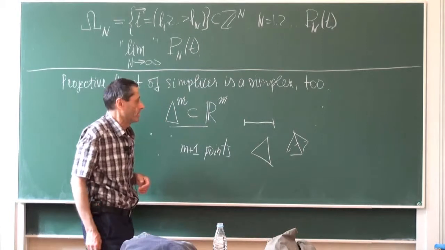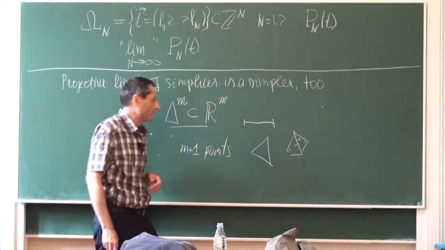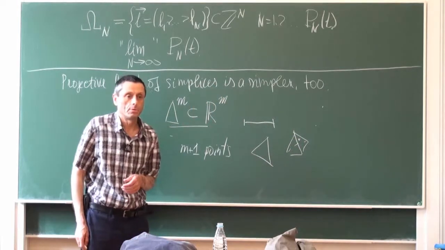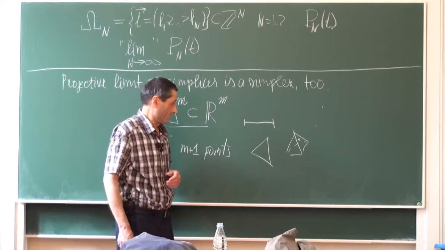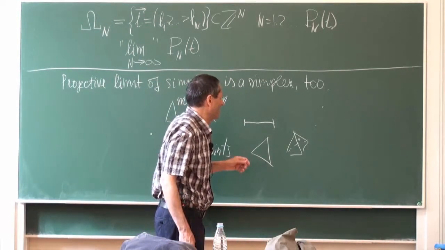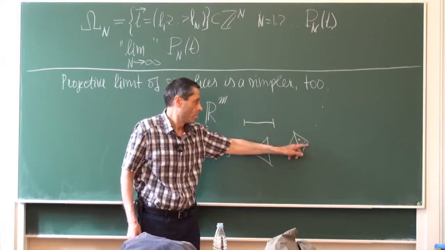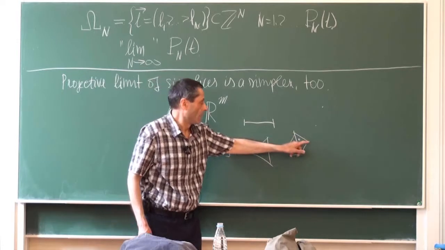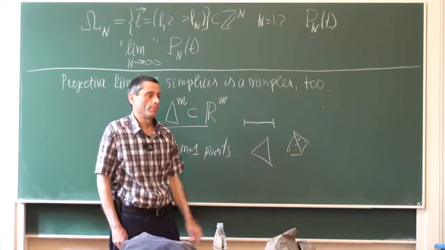The key observation is that any point of a simplex is a convex combination of its vertices, and in such a way it can be represented uniquely. So one can say that any point is a barycenter of some probability measure supported on the set of vertices.